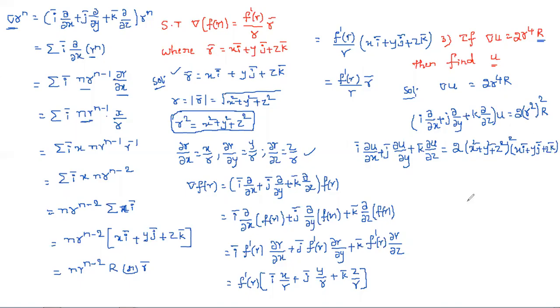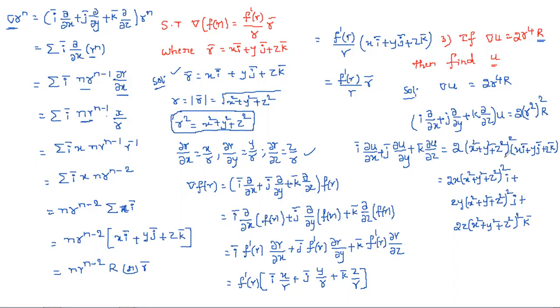Now multiply this term with this vector, and we get 2x into x square plus y square plus z square whole square into i, plus 2y into x square plus y square plus z square whole square into j, plus 2z into x square plus y square plus z square whole square into k.